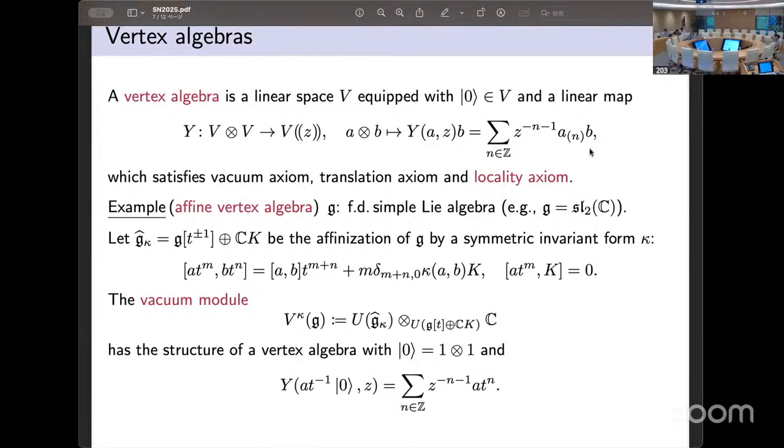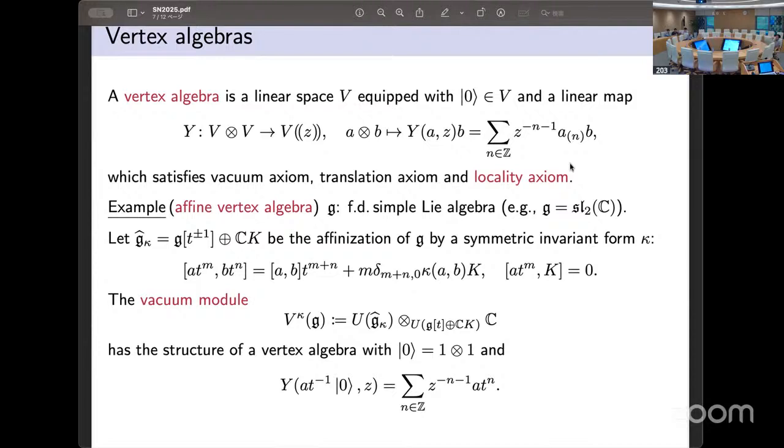I'm quite confused. What is A_n? A subscript n, B is already defined. A_n B is the coefficient of the Laurent series expansion. So this is an element of V. Element.